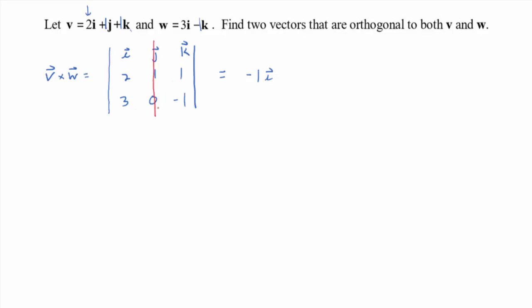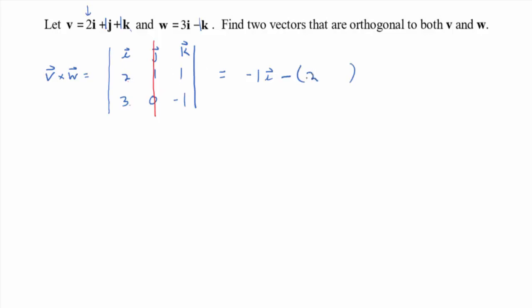Cross out the middle column. Do you see the numbers that are left? 2, 1, 3, negative 1. Automatically, what operation comes after the i component? Minus. All right. And then what's the determinant of 2, 1, 3, negative 1?